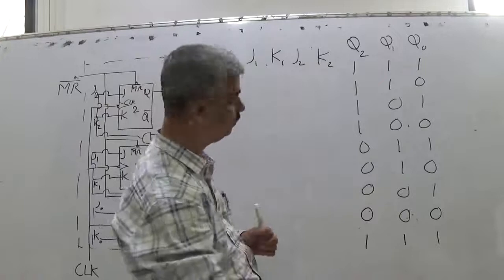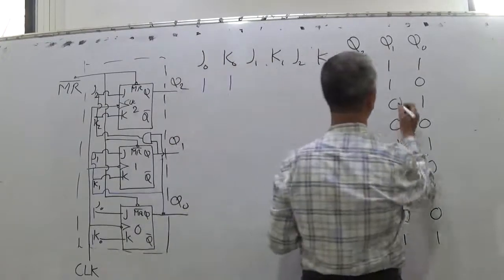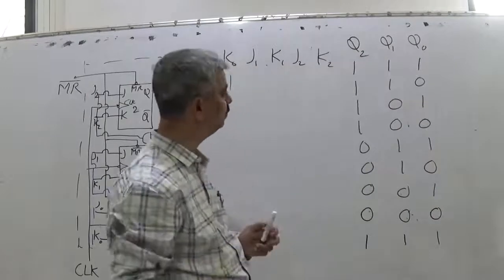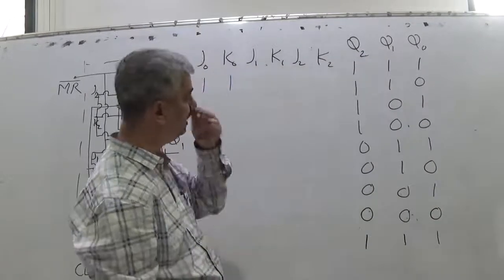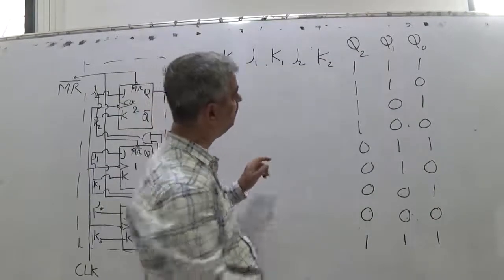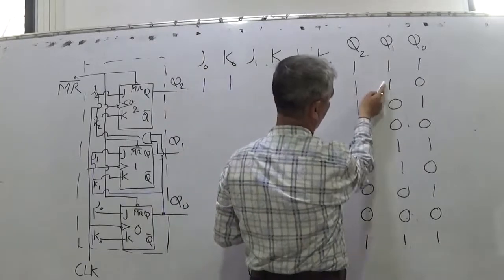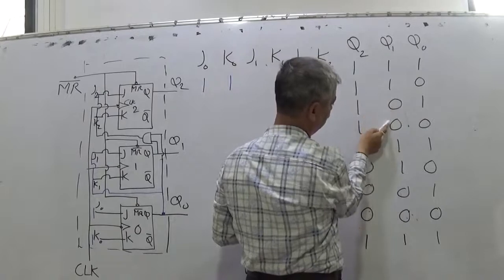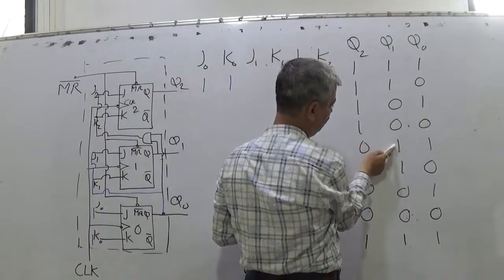Then next, you look at Q1. Q1 continues, Q1 toggles, Q1 continues.